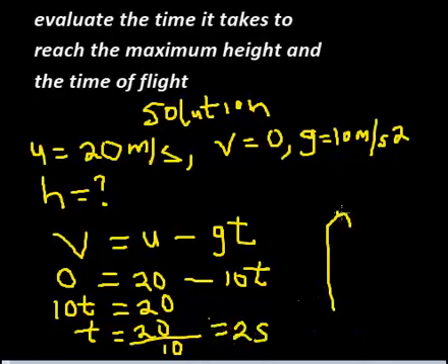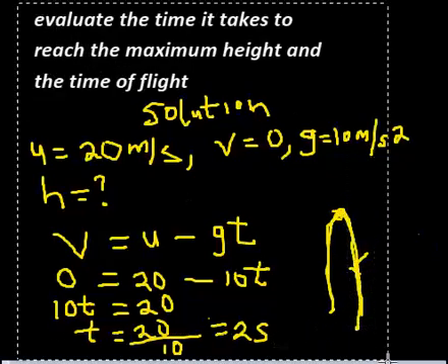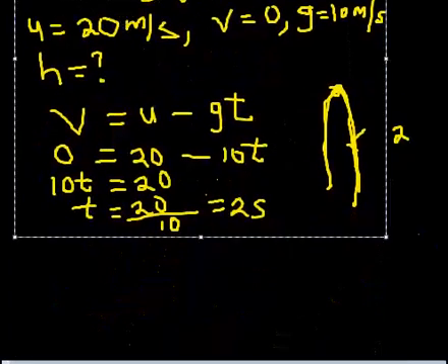That's the first question. Now remember, we were also asked to find the time of flight. Time of flight is the complete total time for the journey. Let's say you go somewhere and you return. Remember, the object goes up and returns back in the same time. So the time of flight, which we represent with capital T, is 2 times the time to reach the maximum height, because the object will go to and fro and come back.